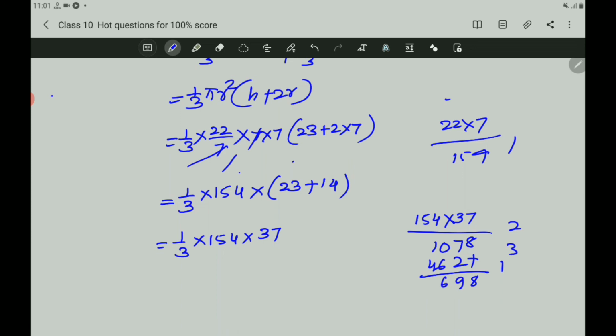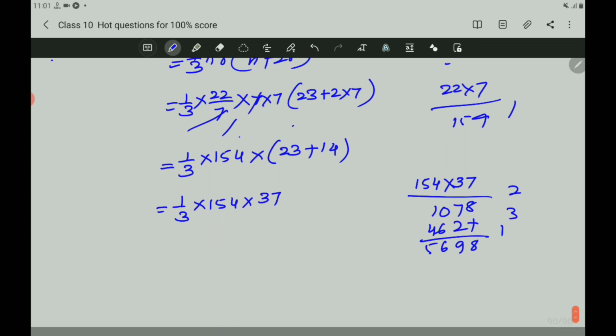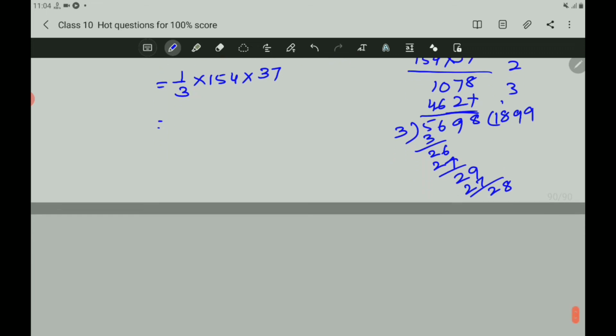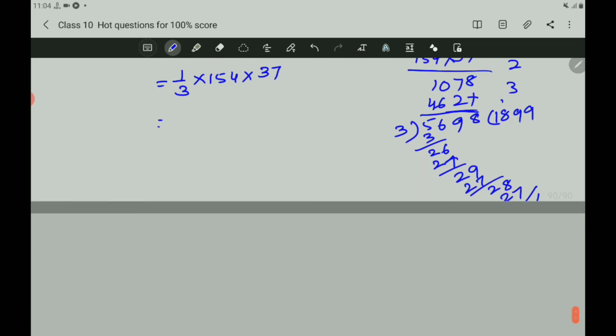5698 divided by 3. 3 1s are 3, 5 minus 3, 2, 2 6, 3 8s are 24, 2 is remaining, 2 9, 29, and 3 9s are 27, 2 is remaining, 2 8, 3 9s are 27, 1 is remaining, point, 3 3s are, again you will get 3 3 3, repeat here.